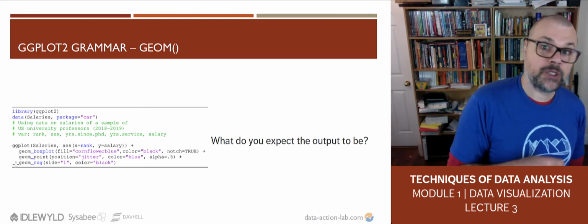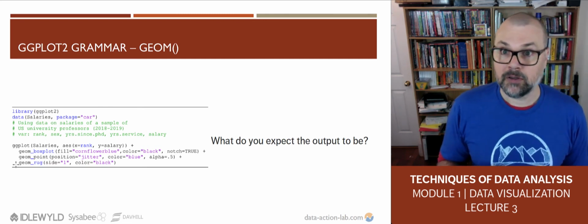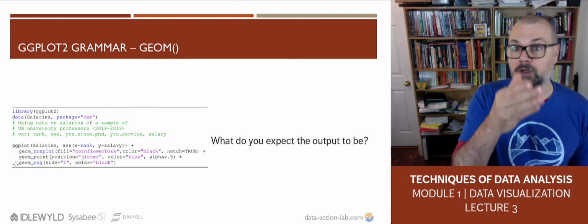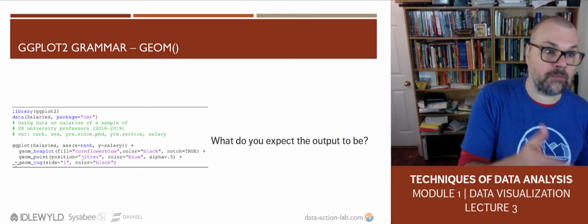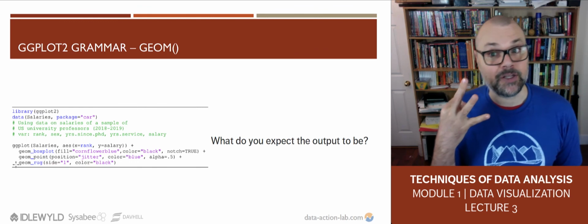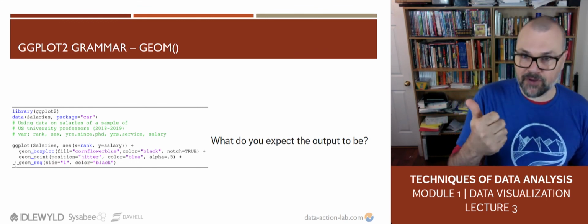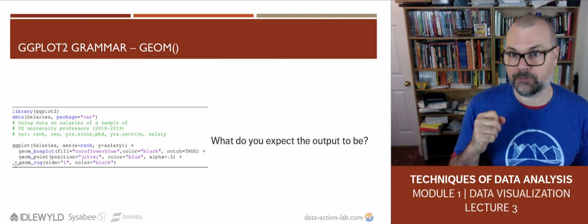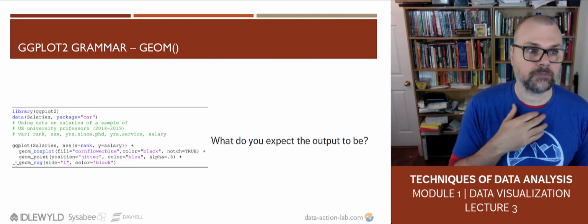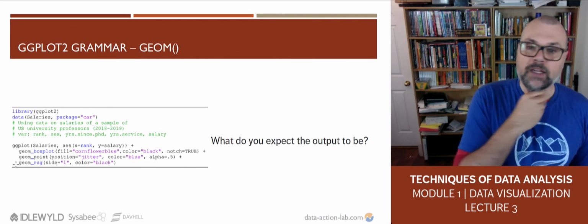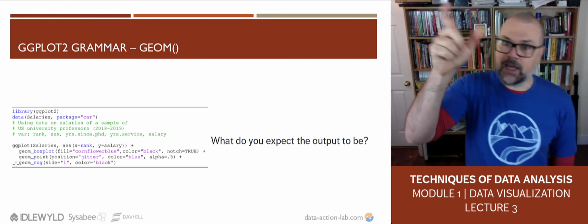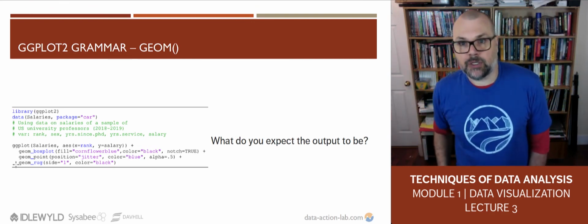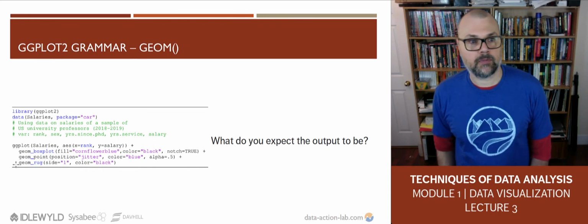These are the specific things that you can modify for each of the geometries. So in the box plot, there's at least 3 things you can modify. You can modify the fill, you can modify the color, and you can modify the notch option. So that's going to be one thing. We're going to be giving a box plot for each of the ranks.